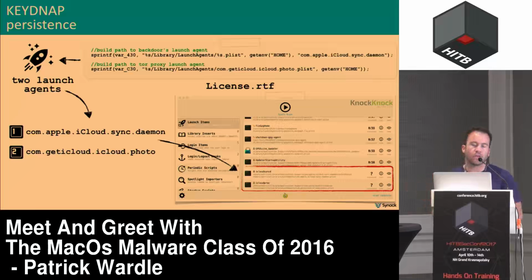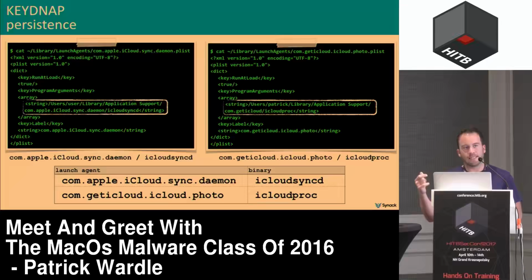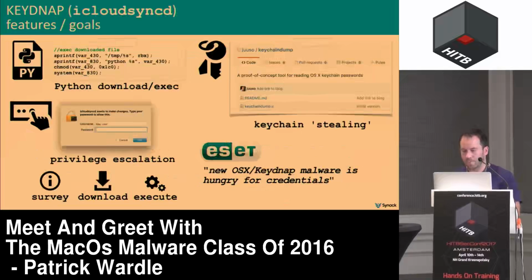Again, this is probably just so that the attackers blend into the noise of other Apple utilities. If we look at the plists for each of these pieces of the malware, we can see that they have the RunAtLoad key set to true. And as I mentioned, if you specify that RunAtLoad key set to true, the operating system will automatically execute whatever you specify. So let's take a closer look at these two binaries now.